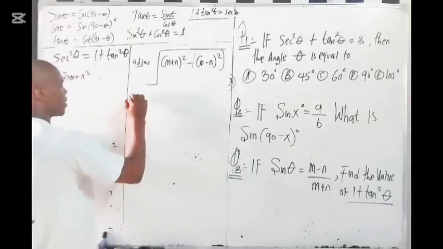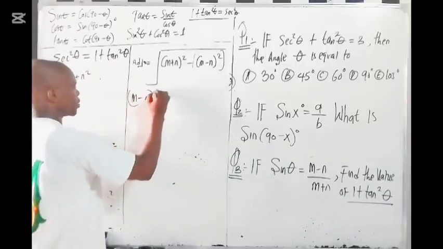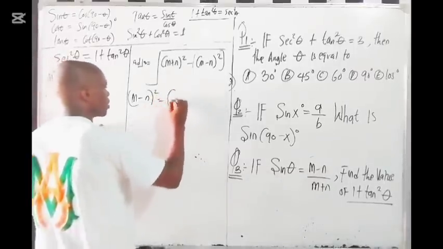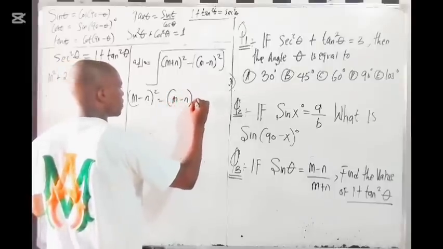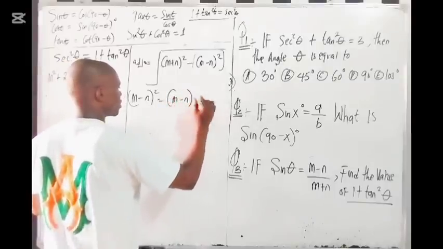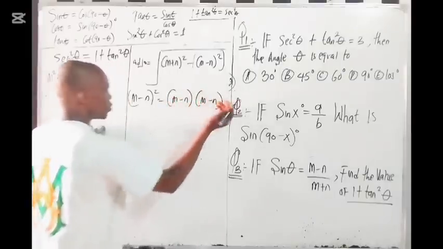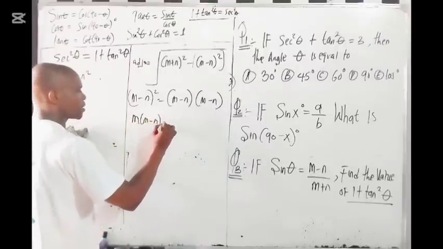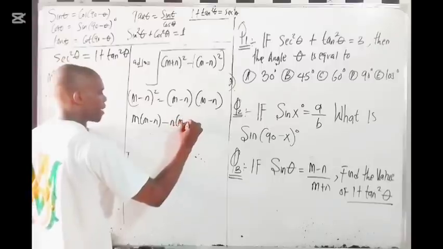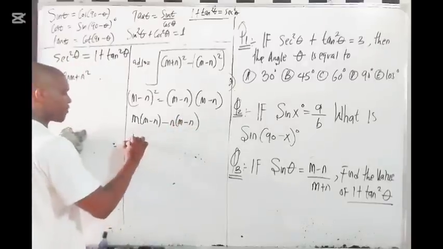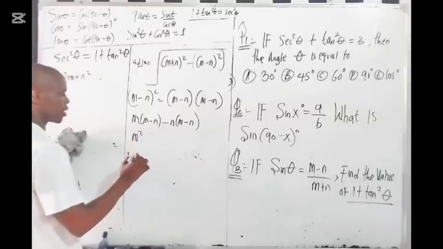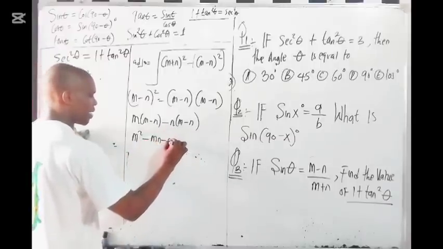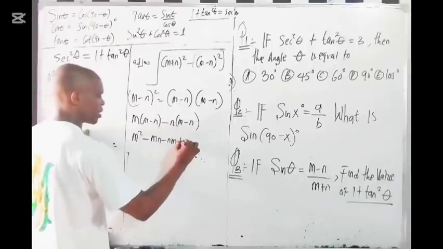Here we have m minus n all squared, which is the same as m minus n times m minus n. Let us open the brackets. Here we have m squared minus mn, and then minus mn plus n squared.